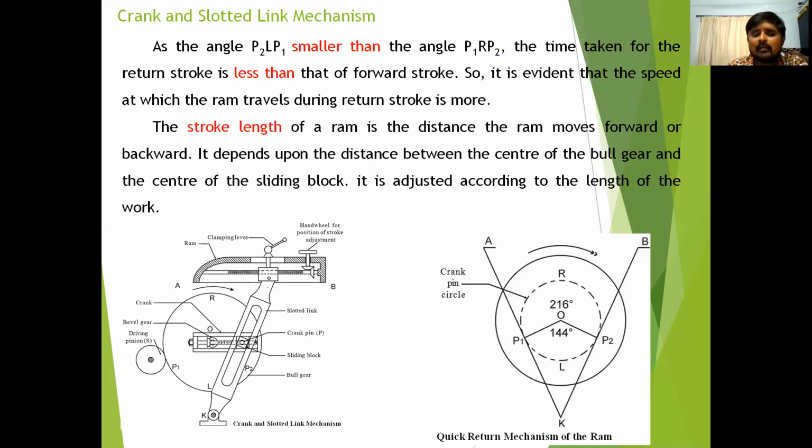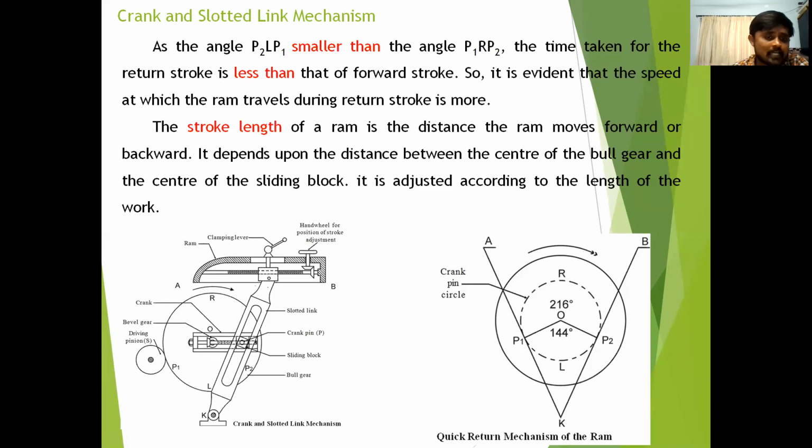P2L P1 is smaller than the angle P1 or P2, so the time taken for the return stroke is less than that of the forward stroke. That is our intention: the return stroke time is always less than the forward stroke time.